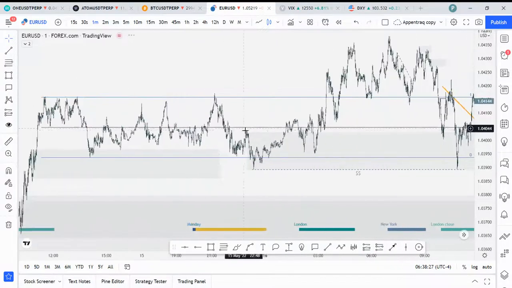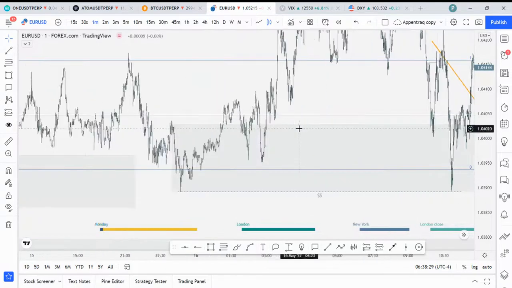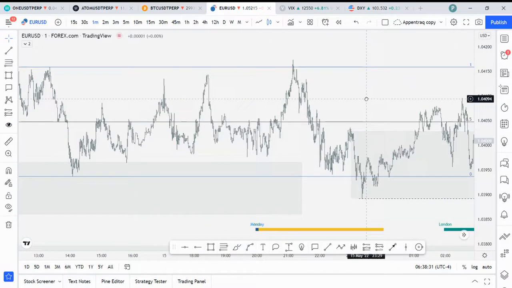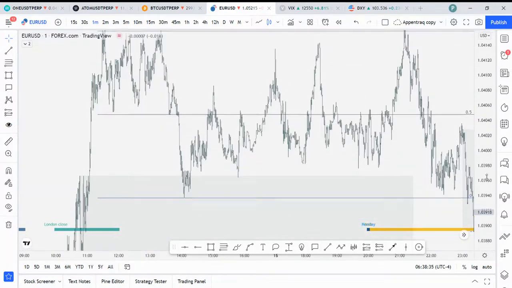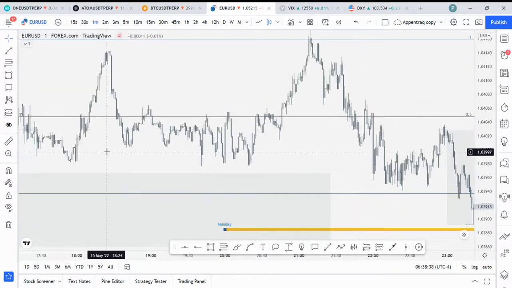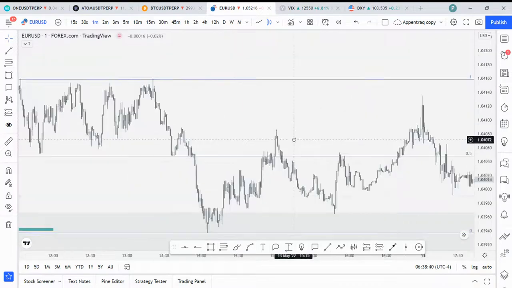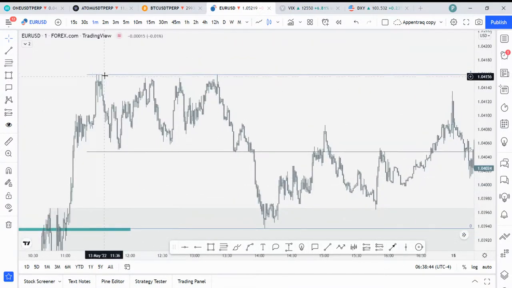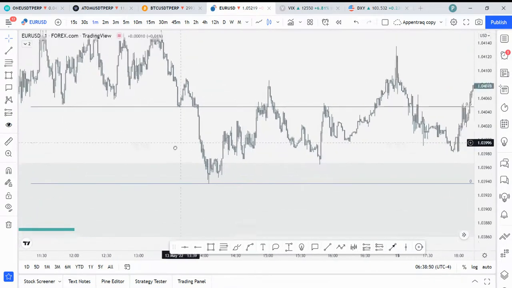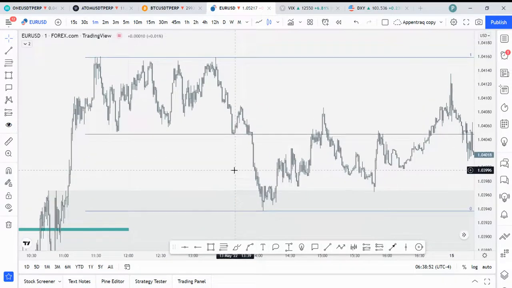So here you see that price made a high, made a low, and then started trading in between. And you have a low.